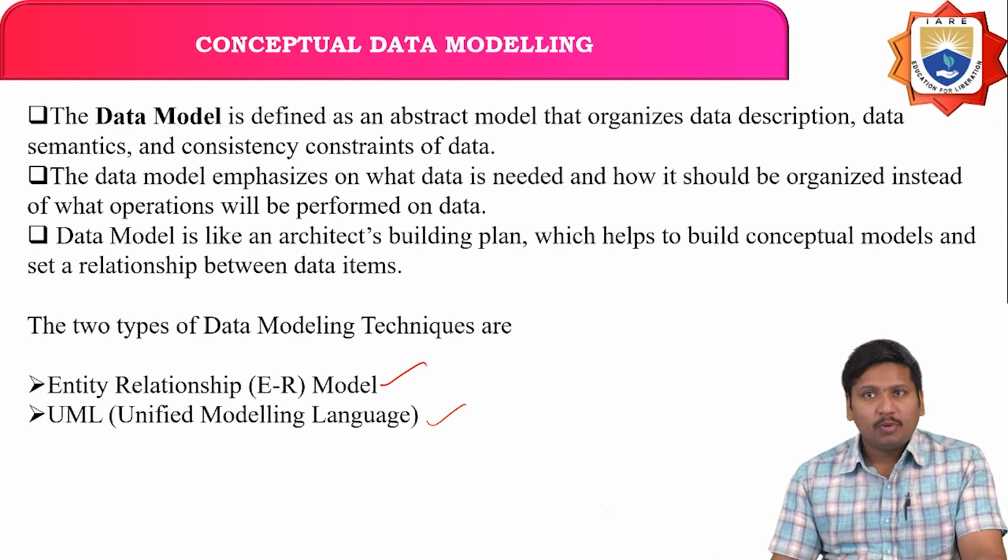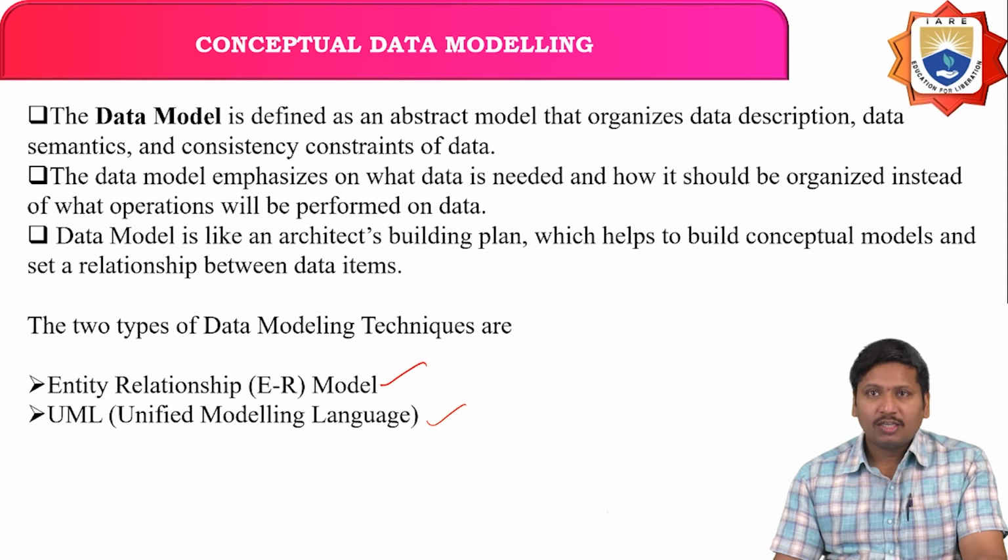Okay, so the data model is defined as the abstract data model, which organizes the data description, the data semantics and the consistency constraints of the data. And this emphasizes what data is needed and how it is going to be organized, instead of what operations have to be performed on the data.